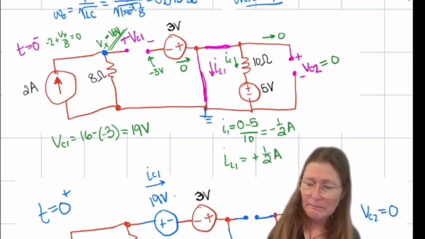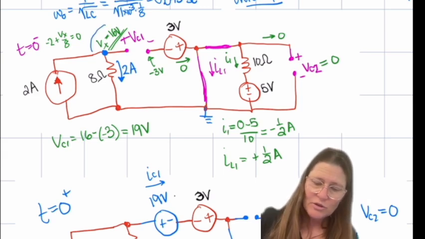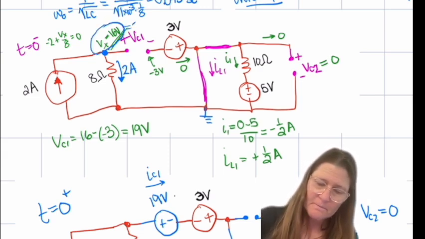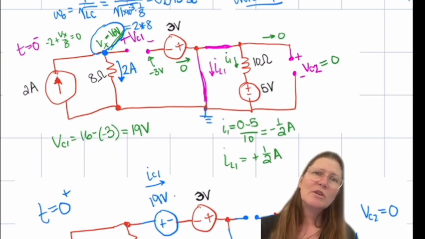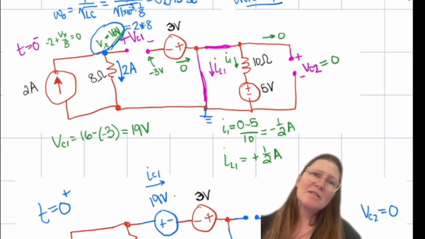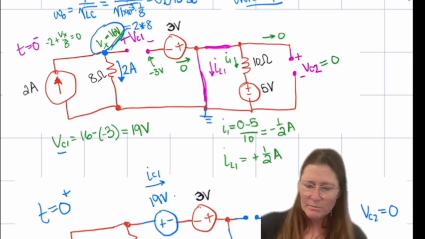You guys see that? So going through here is going to be the 2 amps. And so 2 times 8 is going to be 16 volts. So you'll have 16 minus the minus 3, so you'll have 19 volts there for VC1.